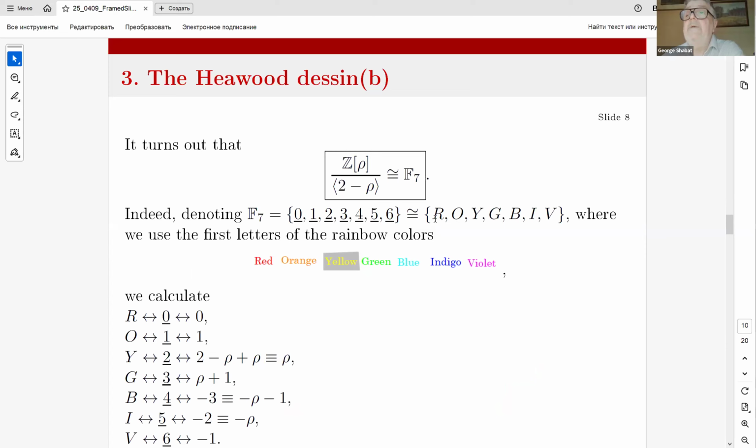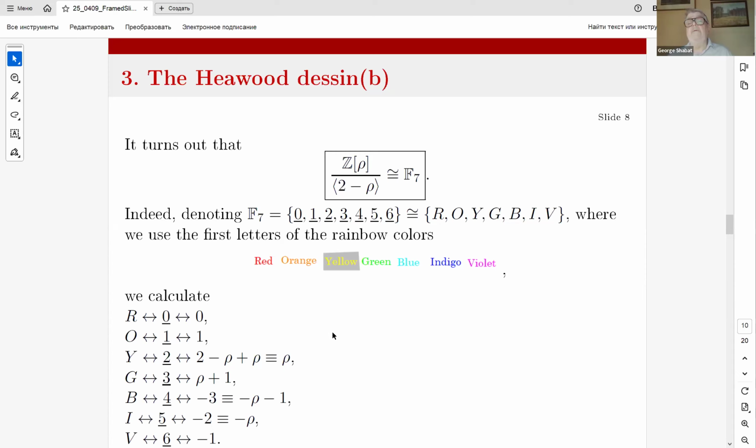So here I just remind the names of the rainbow colors and draw them. And now it is not really difficult to calculate the correspondence. This is what is done here, and well, the result is formulated somewhere below.